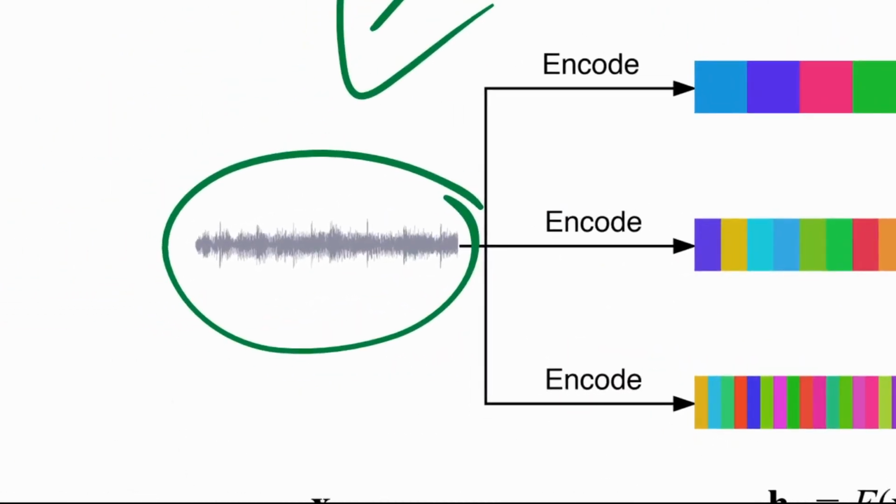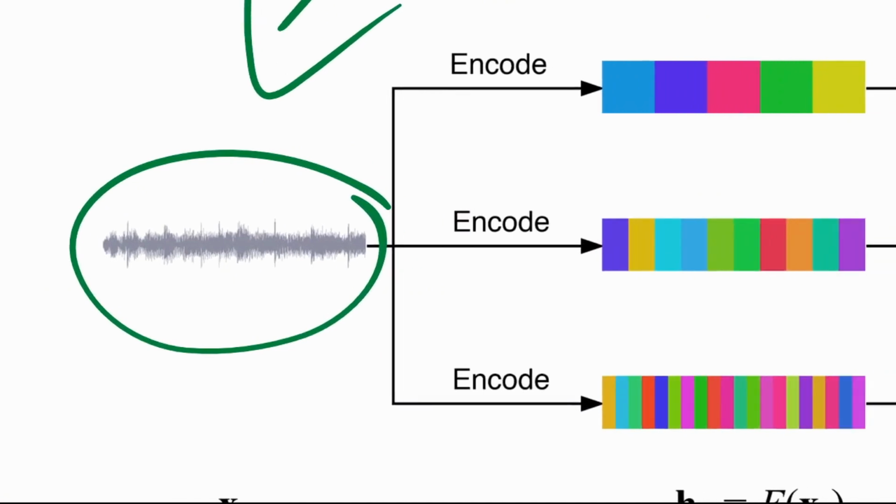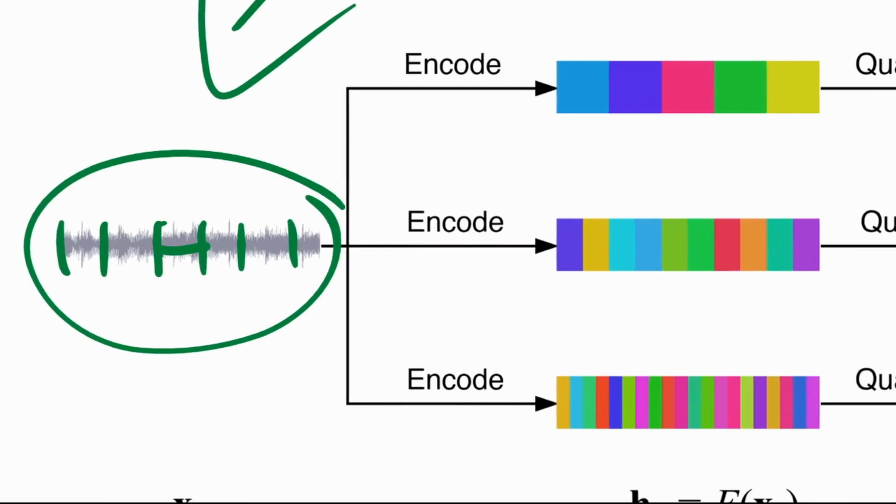because this is a continuous signal, an audio waveform, you cannot just encode it in one go. What you have to do is go through it in some sort of a stepwise fashion. You have to divide it into individual pieces and encode each of those pieces as one hidden vector or one element of the codebook.